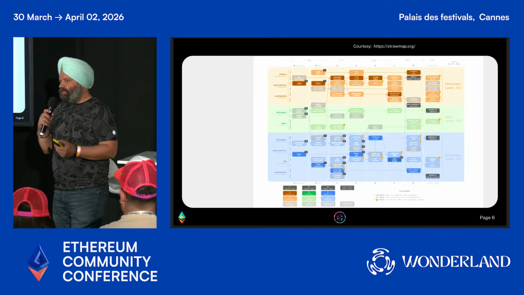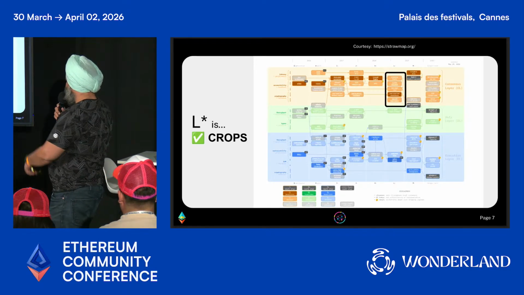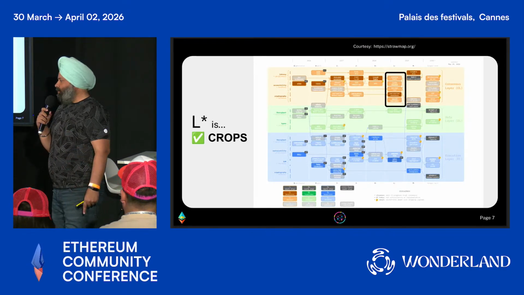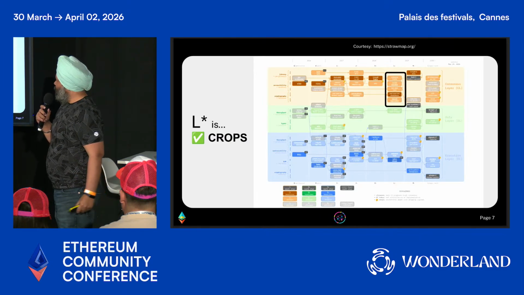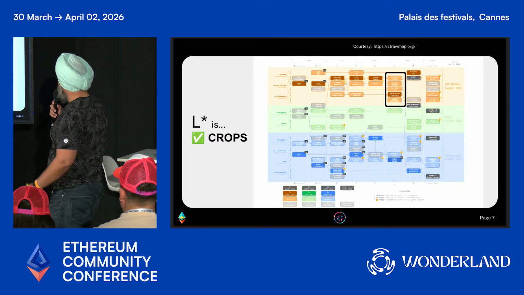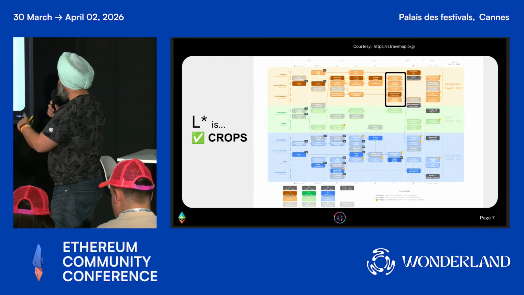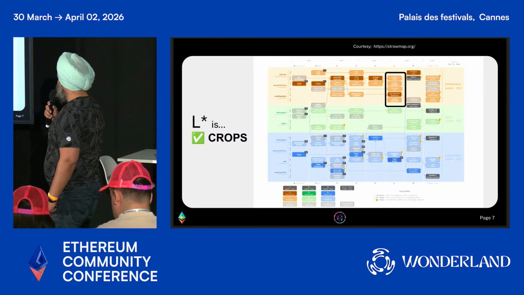So now looking at the strawmap and coming to the topic. If you look at the L-star hard fork, this is where we want to get to post-quantum security. We have post-quantum attestations, we have lean VM aggregation, we want to reset some tech debt, and we want to start introducing endgame finality over here.